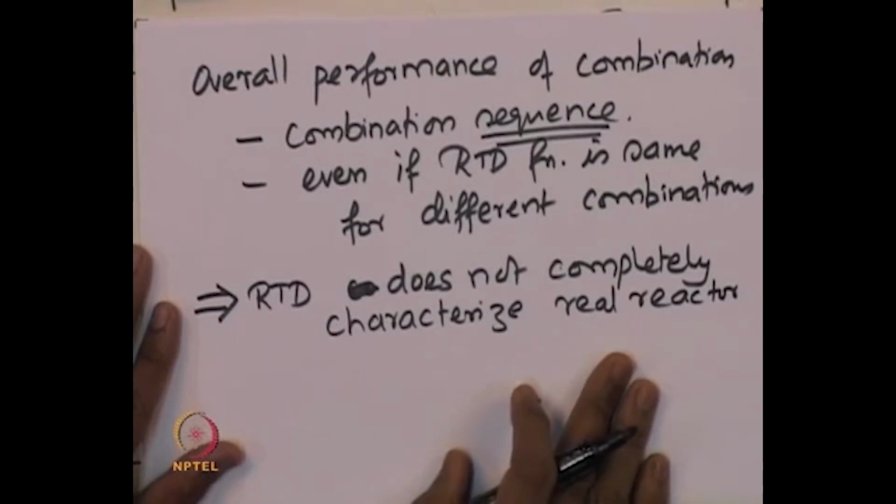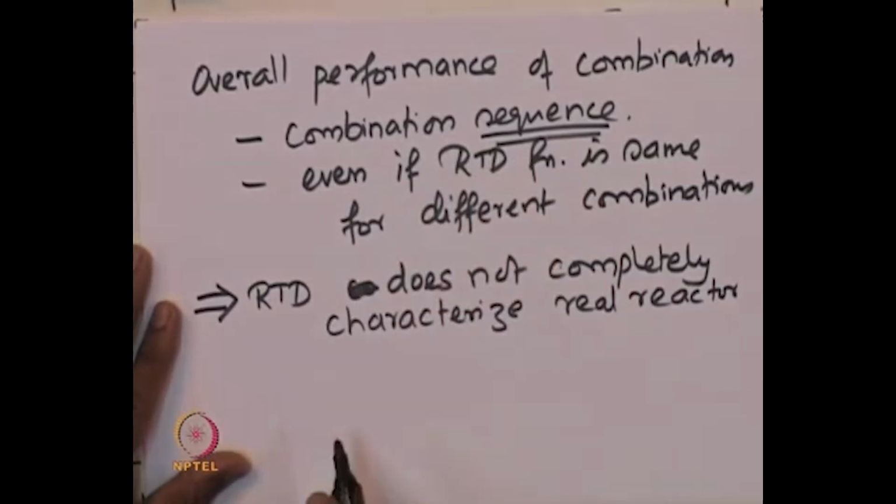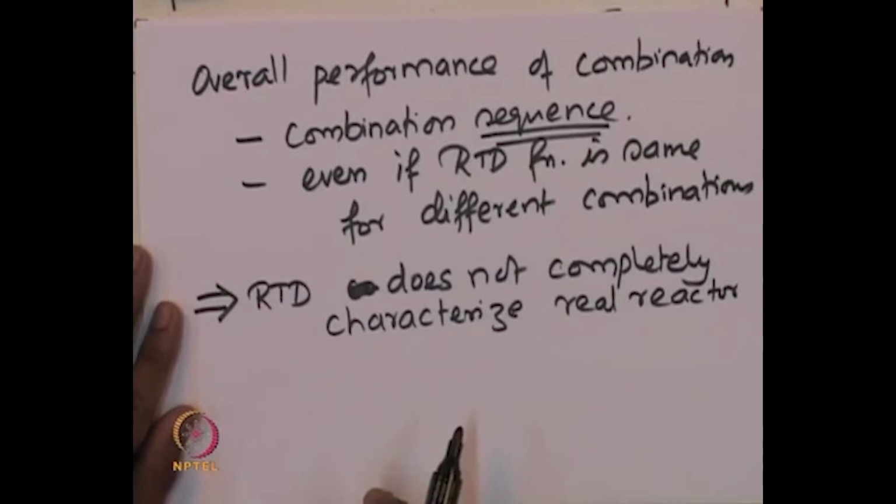In fact, it only says what the nature of the residence time distribution is, and it cannot directly tell what the actual overall performance of the reactor is. In fact, an additional piece of information is required.